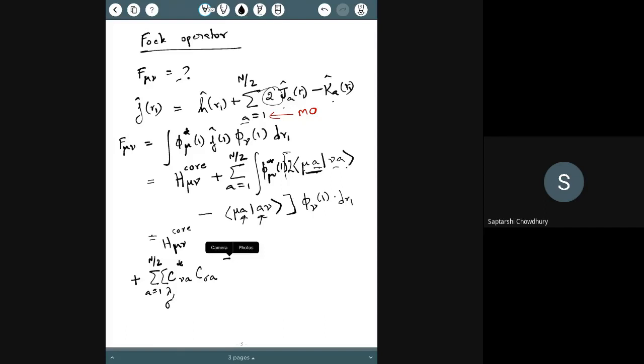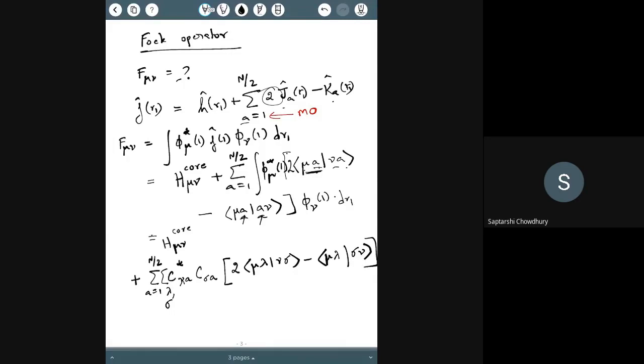So I can take that common and write 2 mu nu, sorry, mu lambda, nu sigma, where sigma is the unstarred one, minus mu lambda, sigma nu.